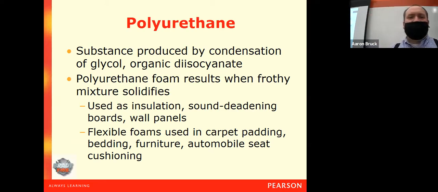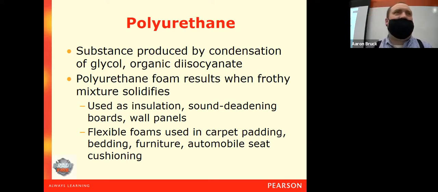Now, these two substances on their own, glycol and diisocyanate, they're liquids. Nothing really too spectacular about either one of them. But what happens when you mix them is that they'll actually start to foam up. You start to mix them up, they get kind of frothy.